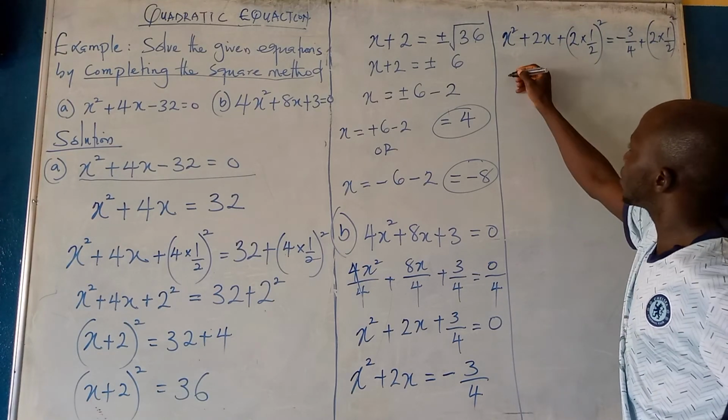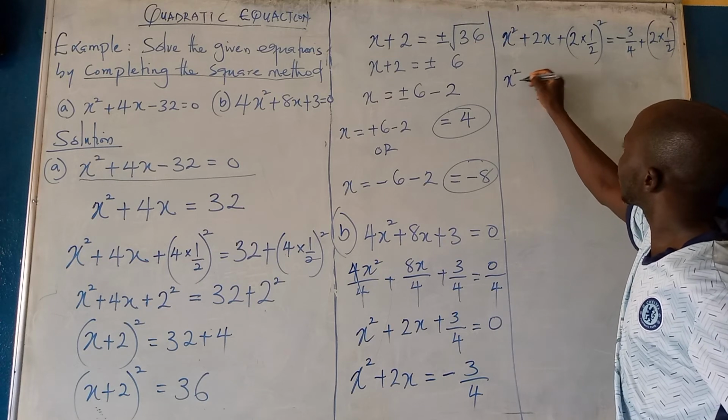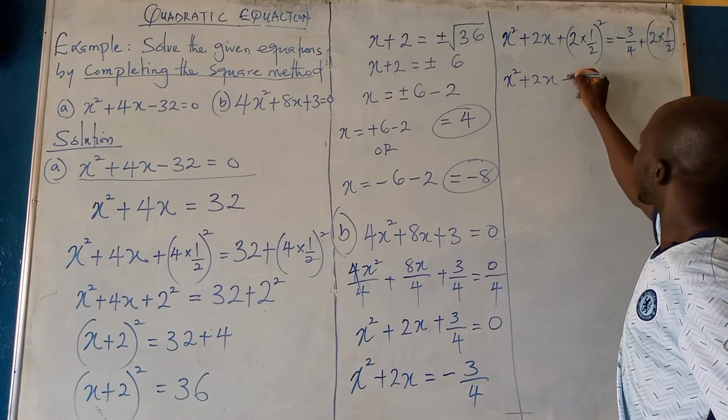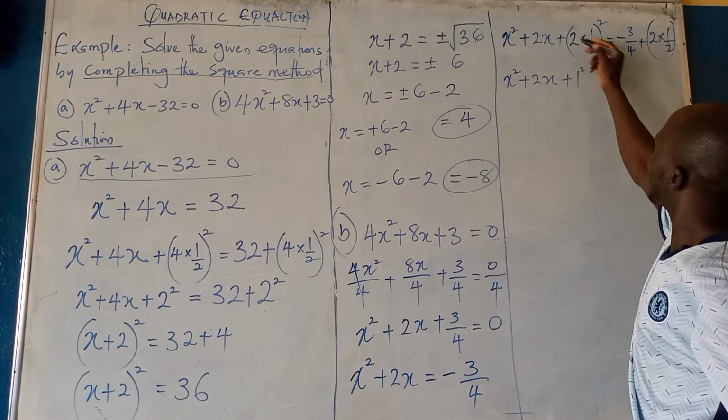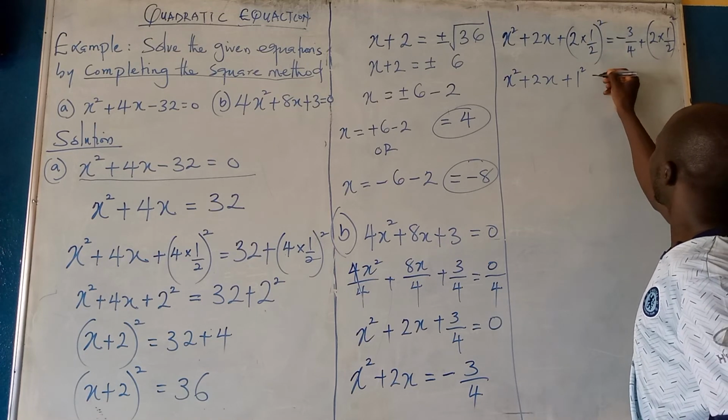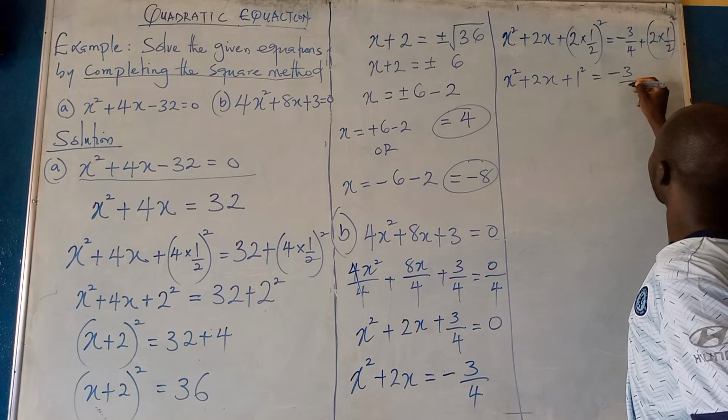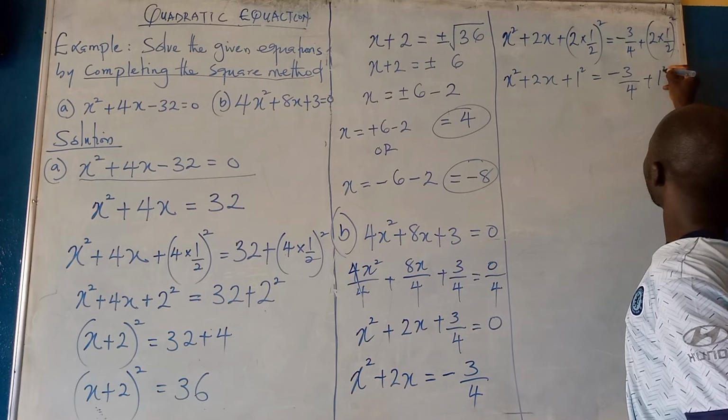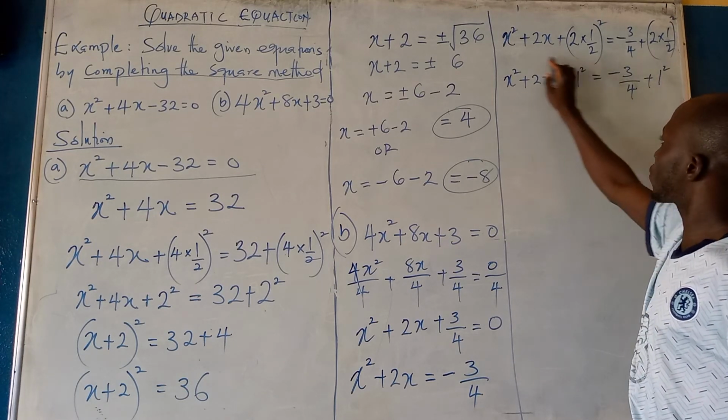Doing this, we have x squared plus 2x plus 1 squared equals minus 3 over 4 plus 1 squared. This is already a perfect square.